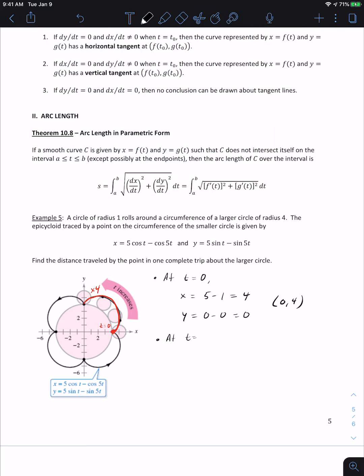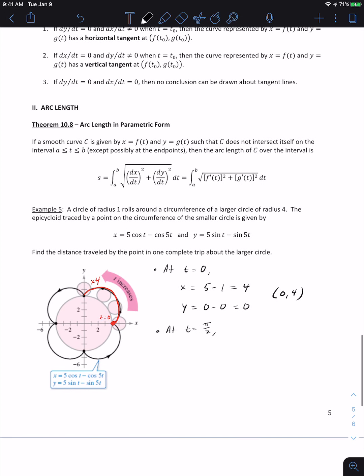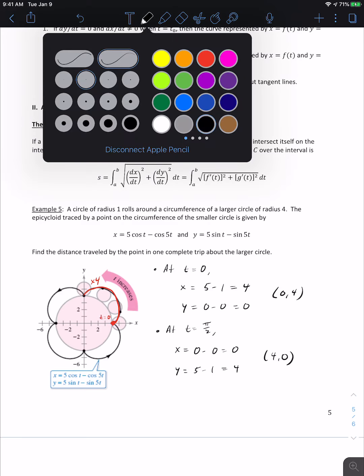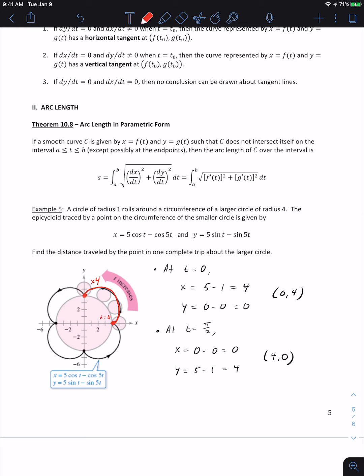At t equals pi over 2, what do I get? My x is equal to 5 cosine of pi over 2 minus cosine of 5 pi over 2, so this is just 0 minus 0, which is 0. And y: sine of pi over 2 is 1, so I get 5 minus 1, which equals 4. So I get the point (0, 4). That is this point right here, and that happens at t equals pi over 2.